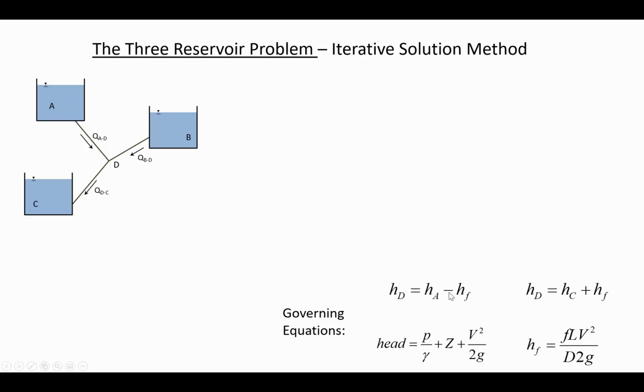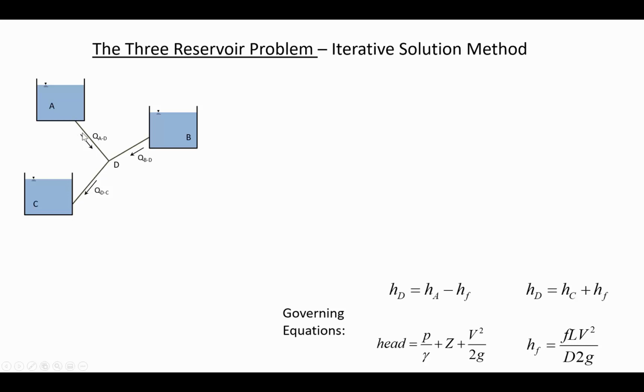You'll notice that I've got a plus for one of these formulas and a minus for the other. Let me explain why. The head at D, in terms of tank A: we already know that the water's flowing out of tank A because it's the one with the highest water surface elevation. So it's known that the water goes from A towards D. That flow direction is given.